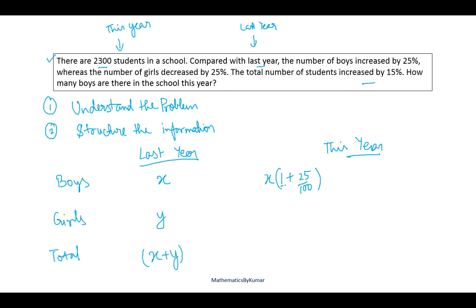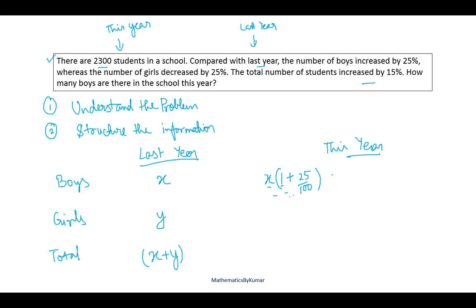So 1 just represents the starting case, as to how many students there were last year, and 25% is basically the fraction of the initial value that increased. For any expression that has something increasing by a certain percentage, we'll use this kind of format. This format will also be used when something is decreasing by a certain percentage, which we'll see in the case of girls.